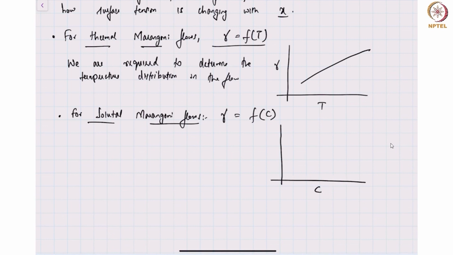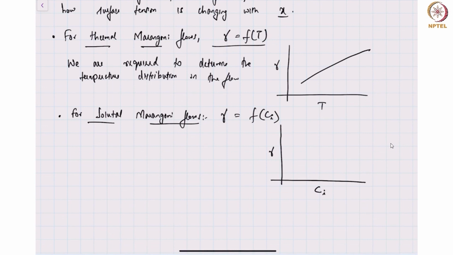Again, there are two concentrations one has to keep in mind. This is concentration at the interface, concentration of surfactants at the interface. So once I know the interface concentration, I determine how surface tension is varying with concentration. So typically, what you will find is that as you increase the concentration, surface tension drops.